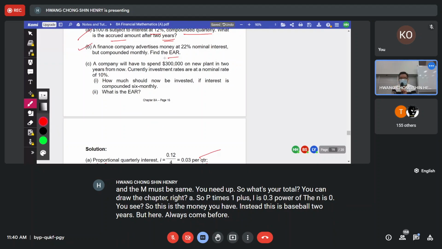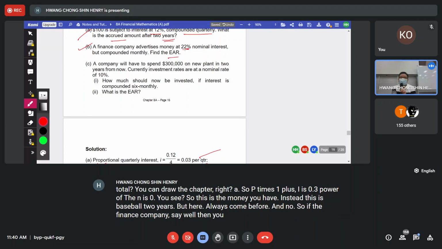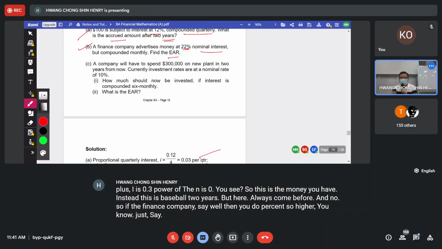So if the finance company says, wow, 22%, so high, nominal interest. I want to know which finance company gives 22%.